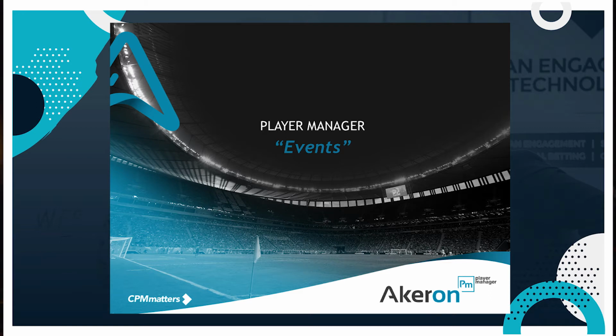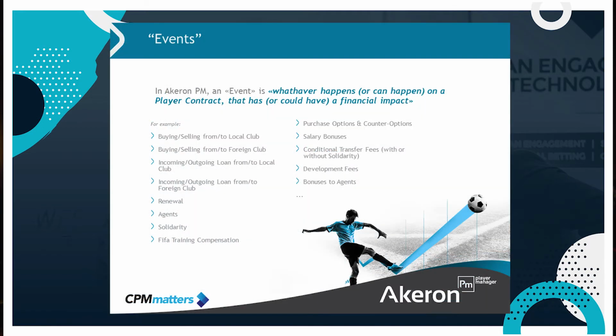Technically speaking, everything on Akeron PM is based on what is called events. What is an event? An event is whatever happens or can happen on a player contract that has or could have a financial impact. We are interested in the financial impact of the contract.